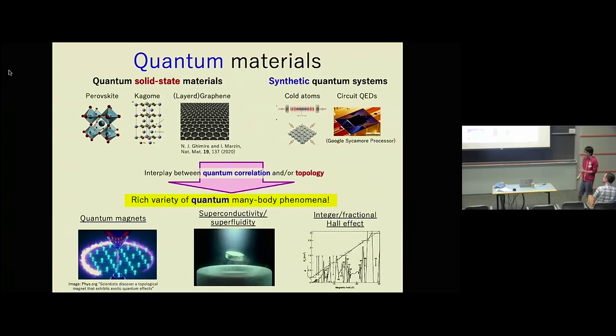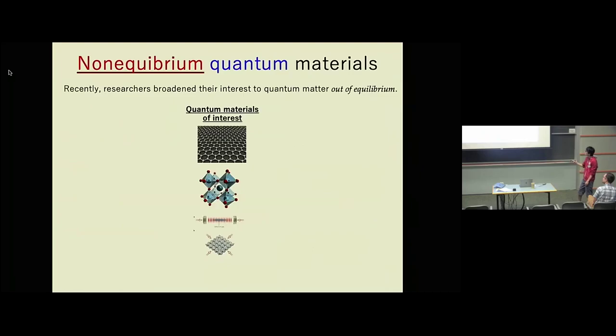Okay, so traditionally people have been interested in equilibrium systems, but researchers have broadened their interest to out-of-equilibrium quantum matter, largely fueled by the improvement of experimental techniques.